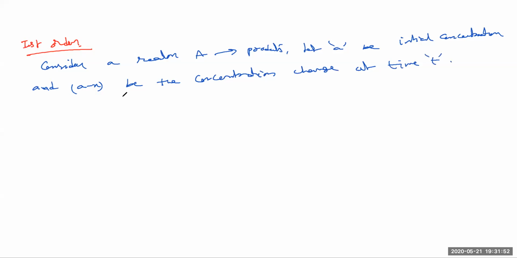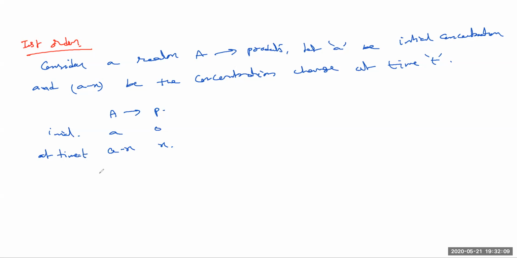So initially it is a and 0, and at time equal to t, it is a minus x and x.